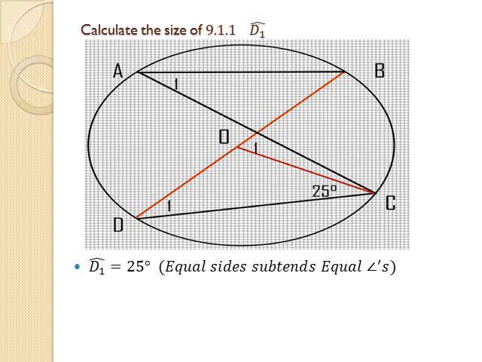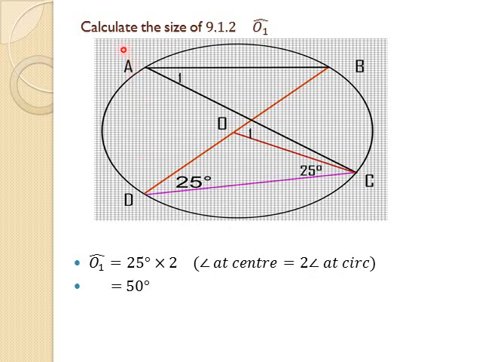Look at the second problem. Calculate the size now, 9.1.2, of O1. We have D, that's 25. If I go back with the vertex D, it ends by B and it ends by C. So this angle D is subtended by the arc BC.